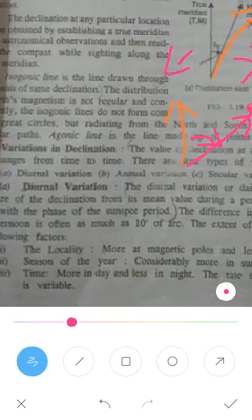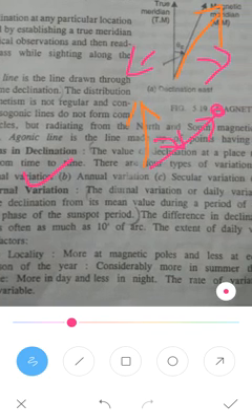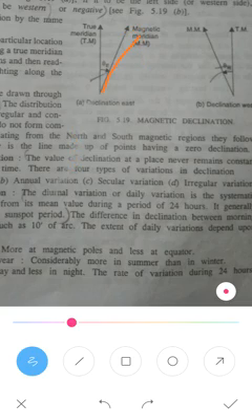One is diurnal variation, another is annual variation, third one is secular variation, and fourth one is irregular variation. So these are the four types of variations which occur.